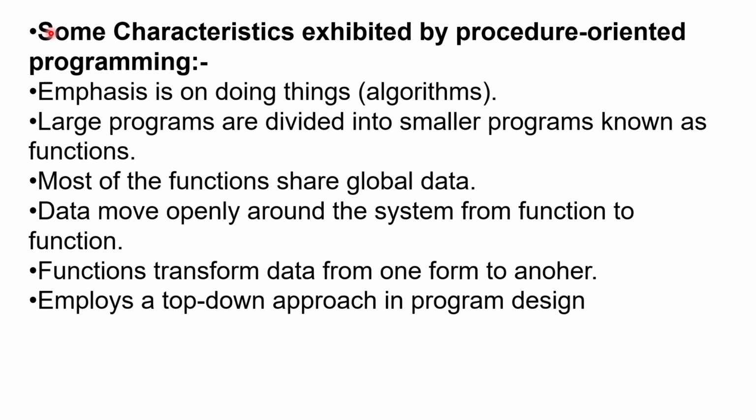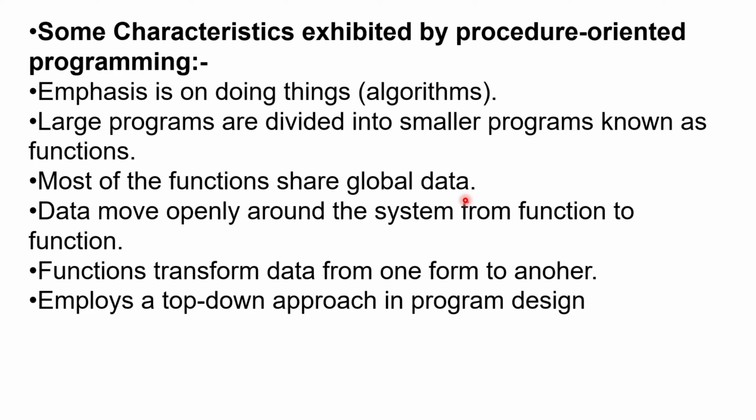And here are some characteristics exhibited by procedure-oriented programming. The first one is emphasis on doing things, the algorithms. Large programs are divided into smaller programs known as functions, since procedure-oriented programming mainly works on functions. Most of the functions share global data.